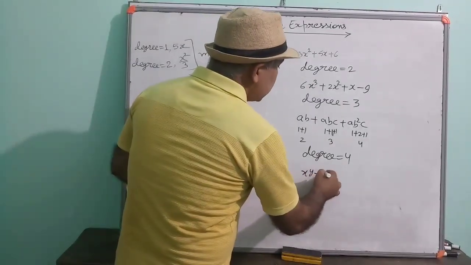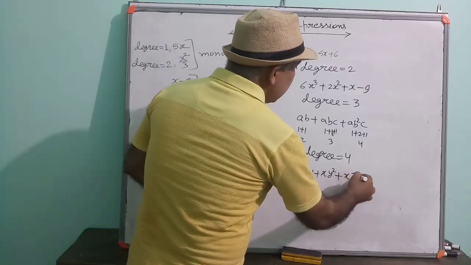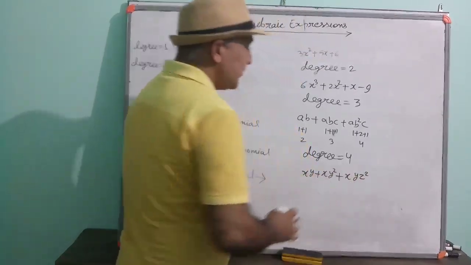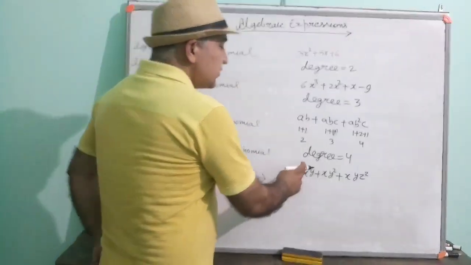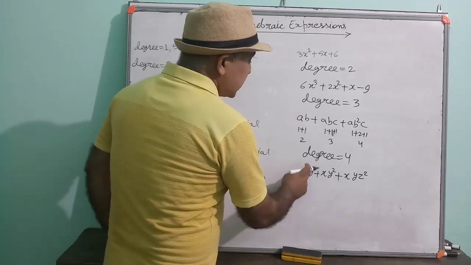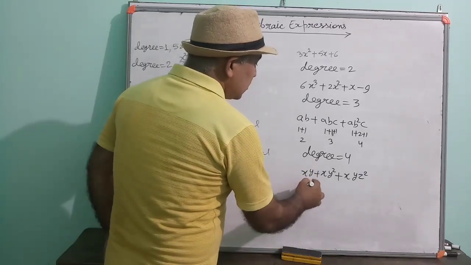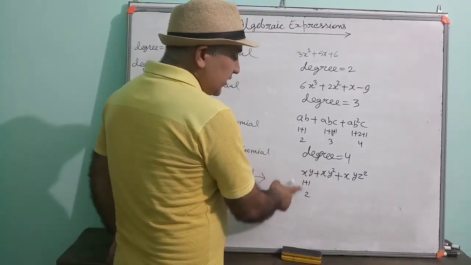Suppose that xy plus xy square plus xyz square. If we want to find the degree of this polynomial, first we will add the powers of the multiplied variables. X power 1, y power 1. So 1 plus 1, that is 2. The degree for this term is 2.